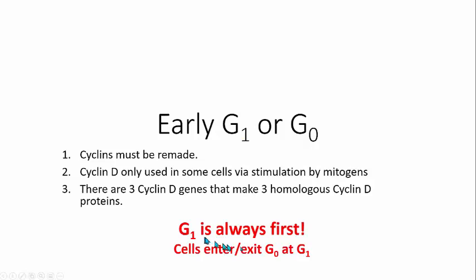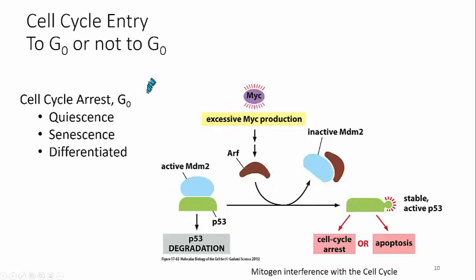We always go into G1 first and then into G0. When we leave G0, we will always go back into G1. Make sure you understand that in early G1, the cyclin that's important is cyclin D. Cyclin D is driven by mitogens, and mitogens like MYC activate certain proteins that then result in the activation of a very important protein called P53.